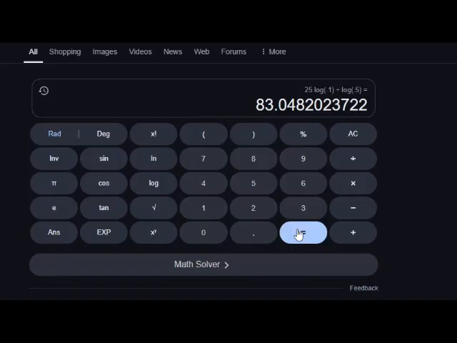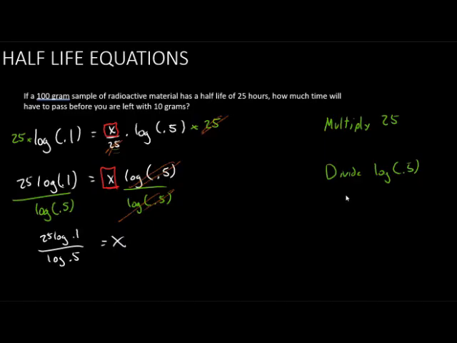When we press enter, we'll get 83.05 if we round. Therefore, in order to start with 100 grams and end with 10 grams, we would have to wait 83.05 hours. And so this is how we solve the half-life equation for time.